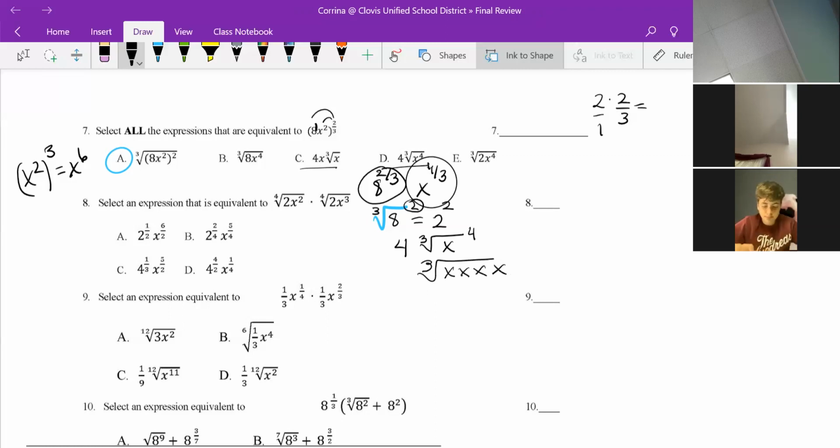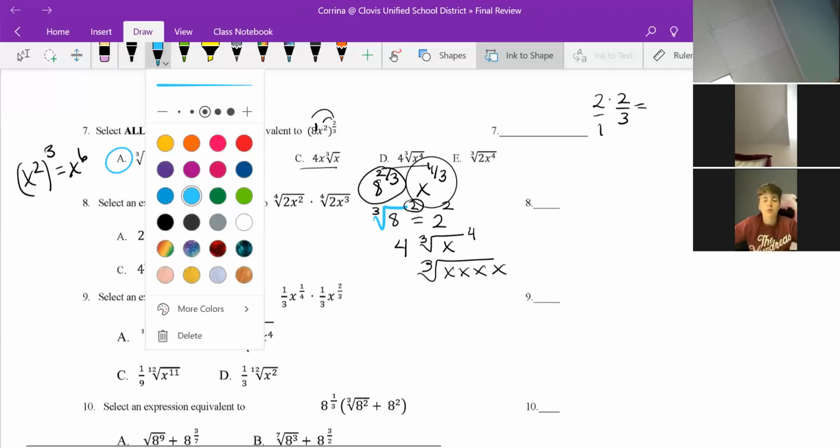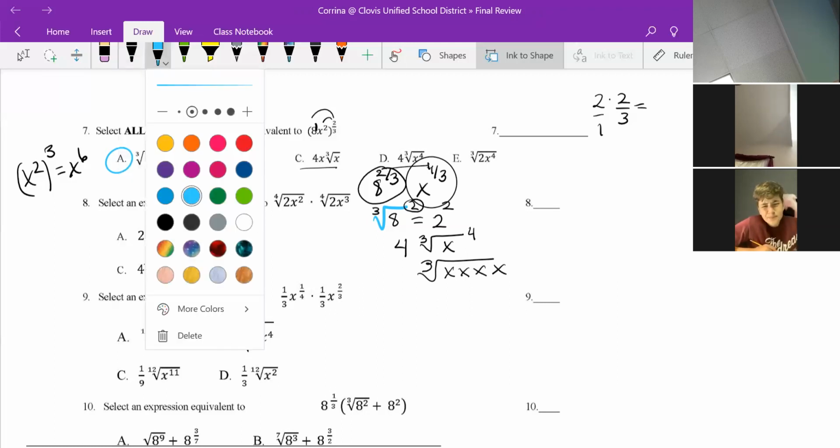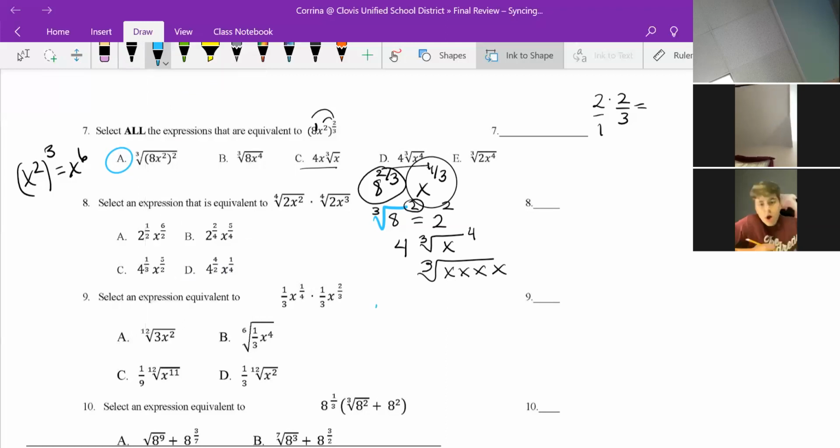Do I have enough to take out if the index is 3? Yeah. Yep, and how many do I circle at a time? This tells me how many to circle. Oh, 3. So one whole set's coming out. So I end up with 4x cube root of x.